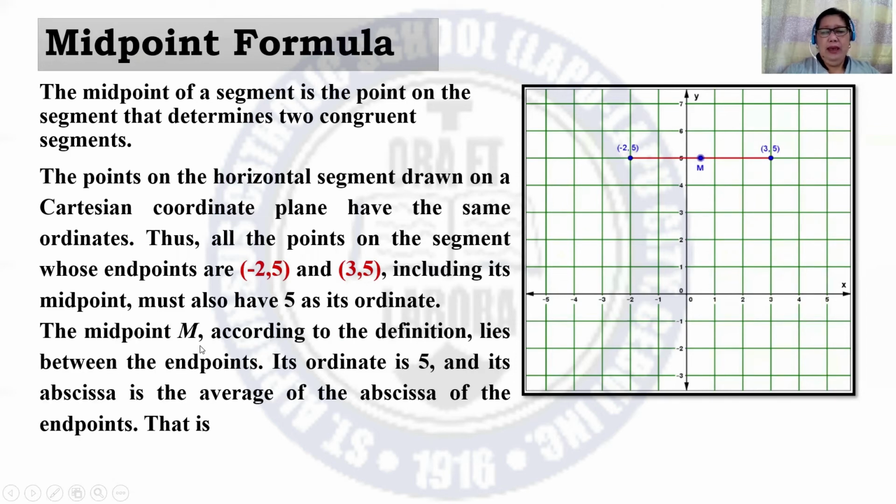The midpoint M, according to the definition, lies between the endpoints. Its ordinate is 5, and its abscissa is the average of the abscissas of the endpoints. That is, M with coordinates x sub m and y sub m is equal to -2 plus 3, this is x sub 1 plus x sub 2 over 2, then the y coordinate, or the ordinate, is 5.